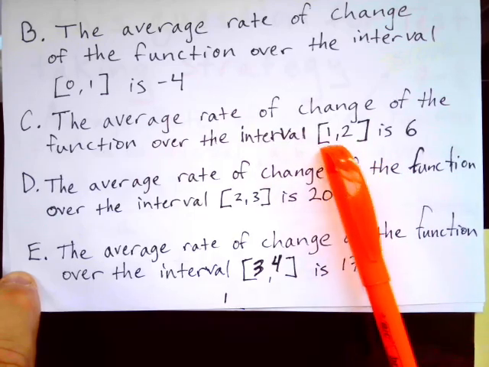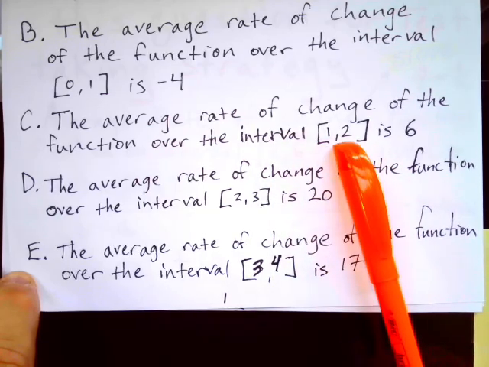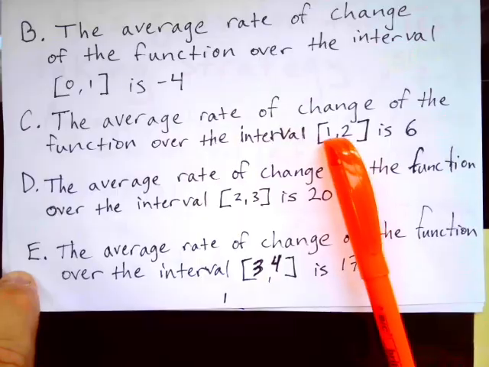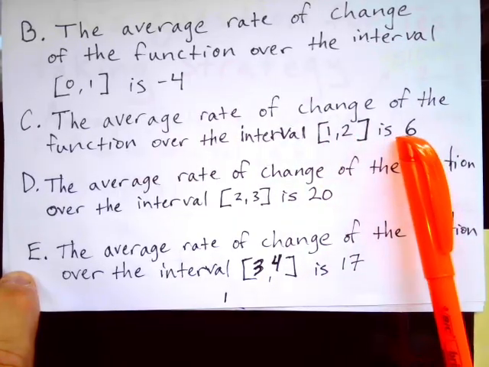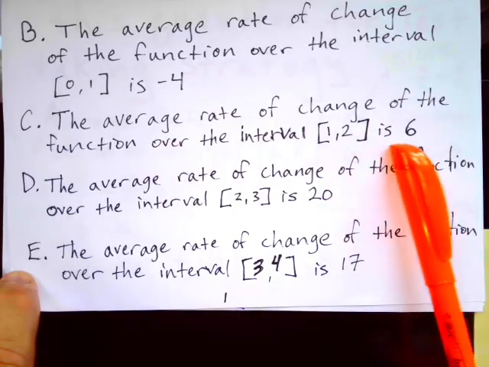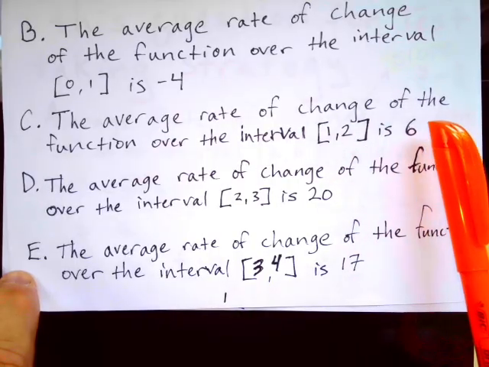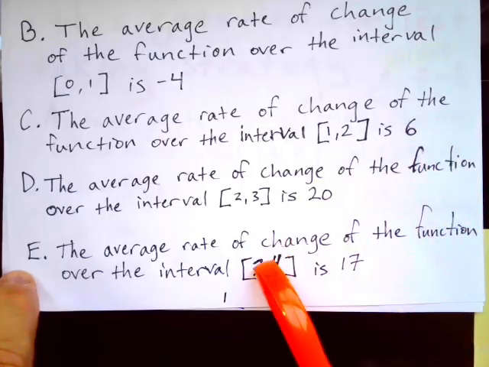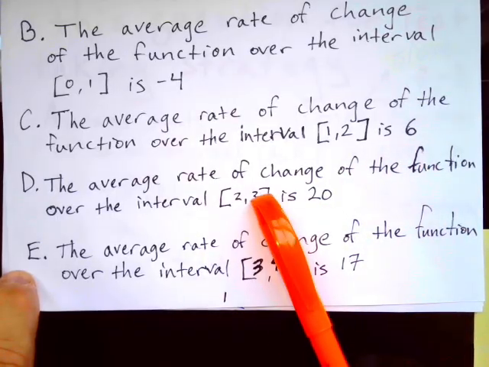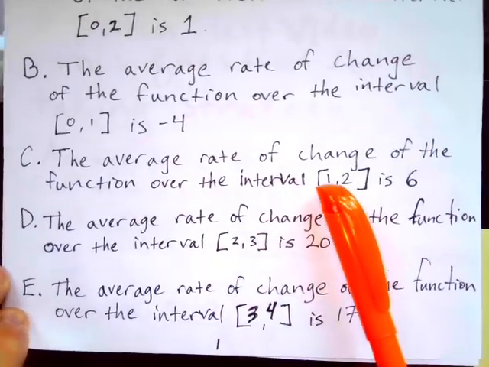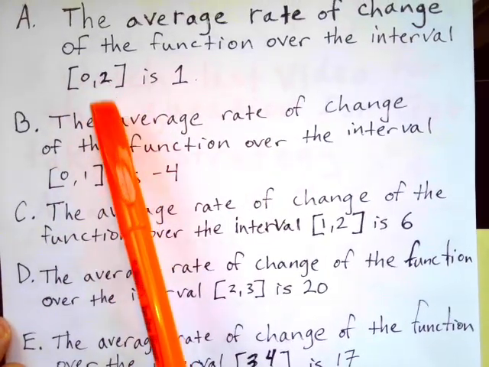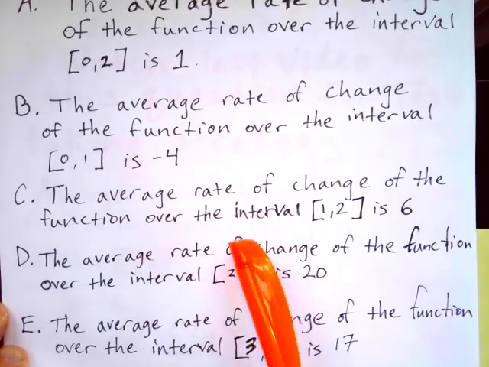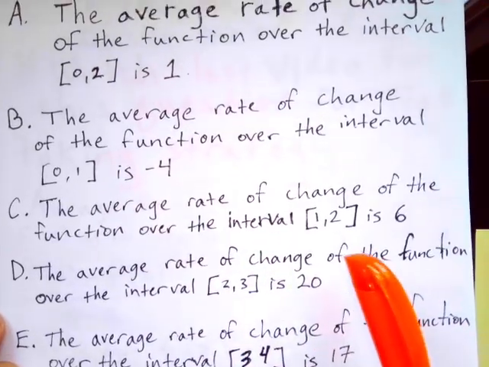If there are 2 or 3 or 4 or all of the options A, B, C, D, and E that have a 1 and a 2 in their brackets, then you need to follow the steps I showed you in order to determine which interval is correct. But like this problem, D is 3 and 4, 2 and 3, C is 1 and 2, B is 0 and 1, A is 0 and 2. All of these slopes do not match up.